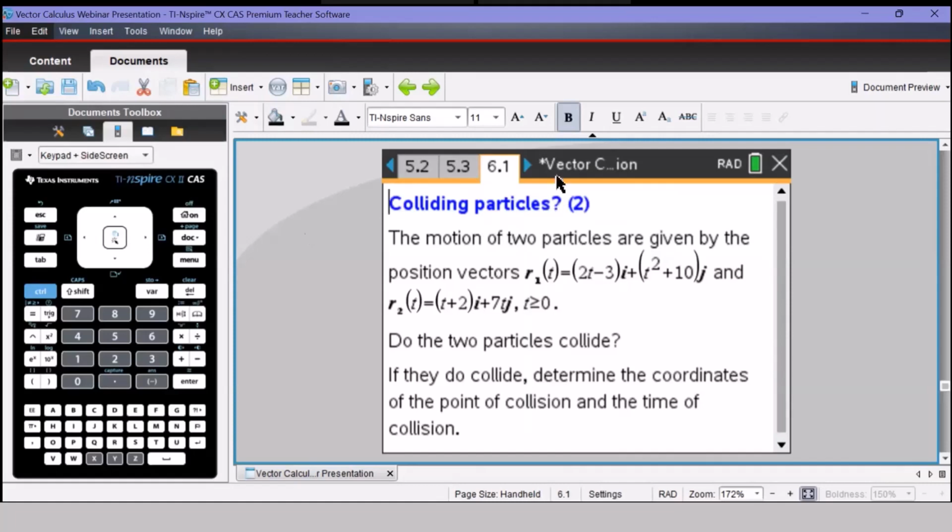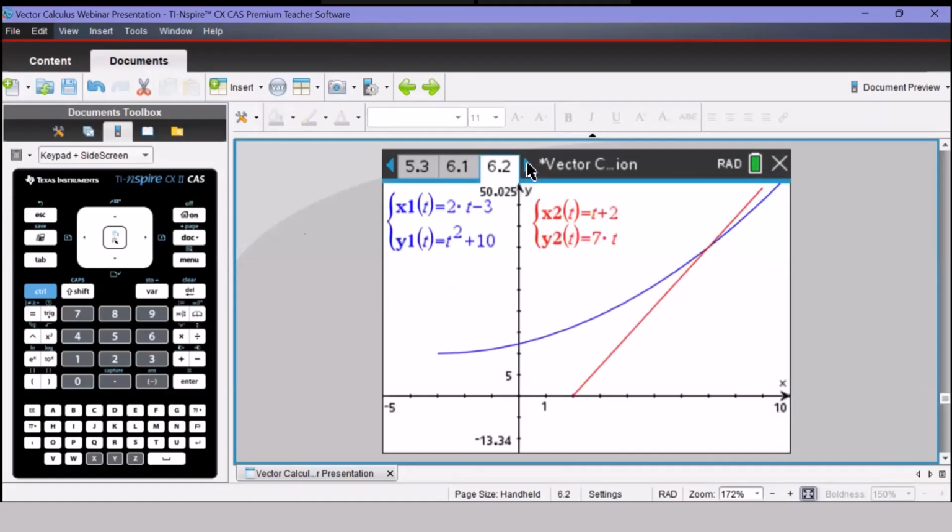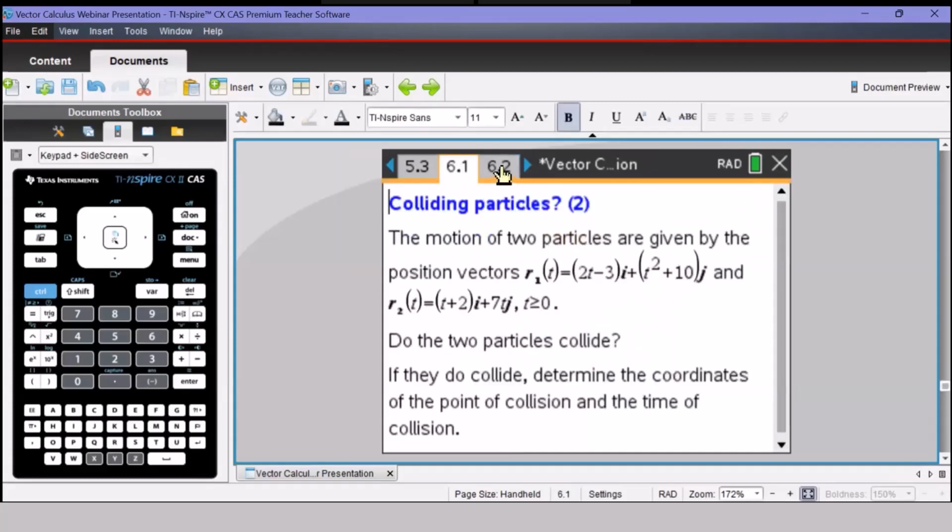If we go to the next page, position vector 1 has the parametric equations x1 of t and y1 of t: we've got 2t minus 3 i, and t squared plus 10 j.